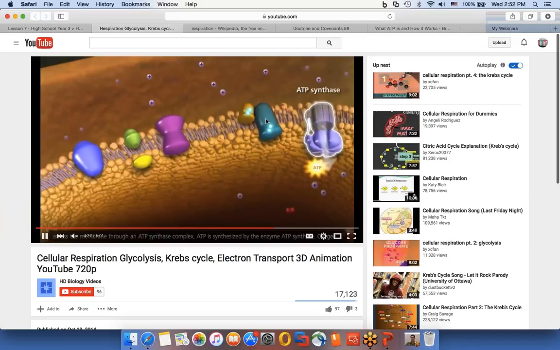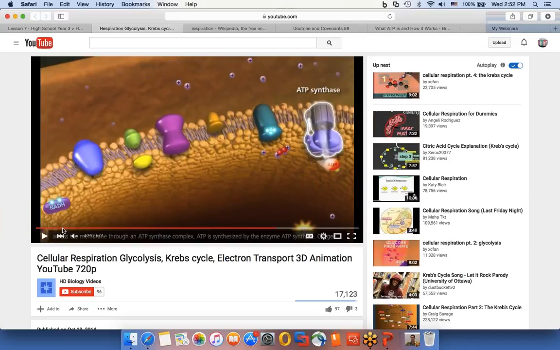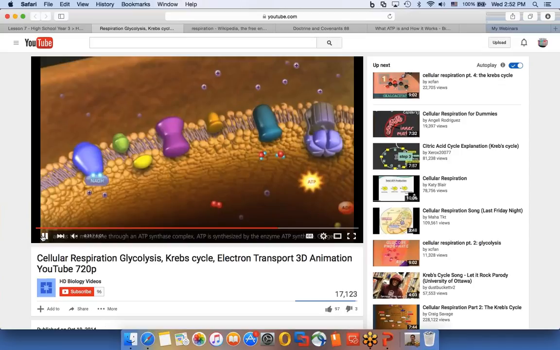pass the electrons one to the other, and then look at what happens. You have oxygen coming here with the protons, and now the electrons joining, and so you have 2 oxygen, 4 electrons and 4 protons here, and boom, they join together and they form what?